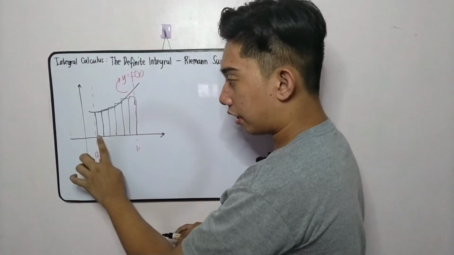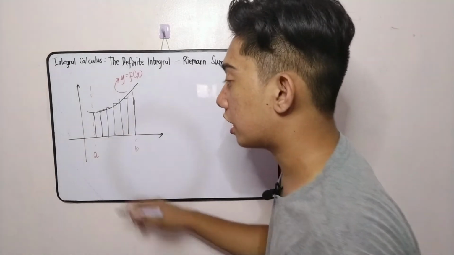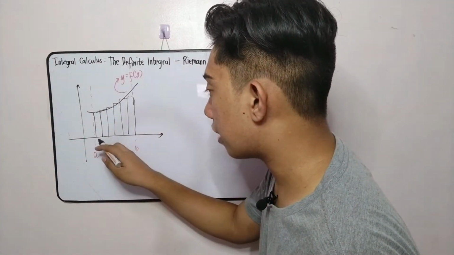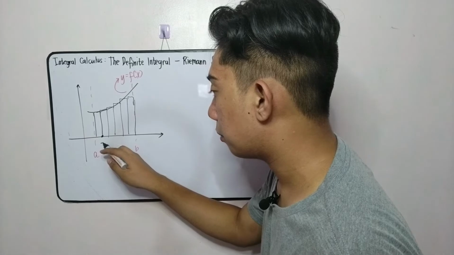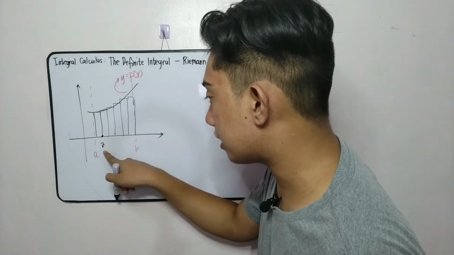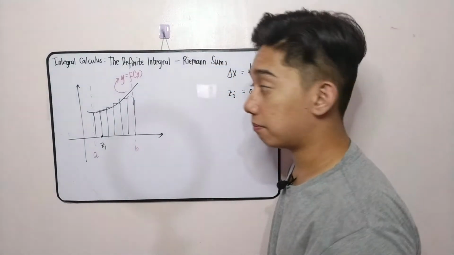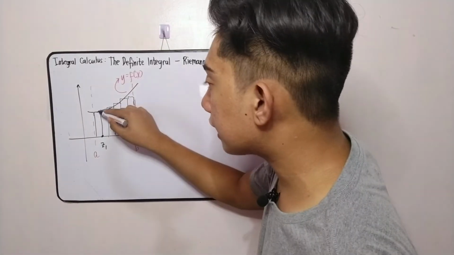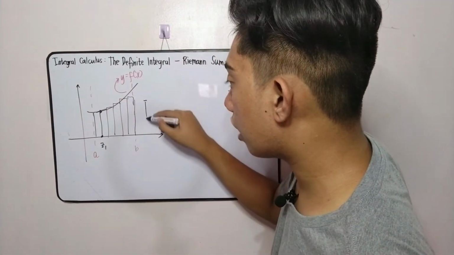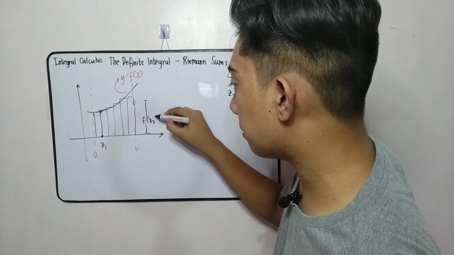So, how will we know that? Let's say we have already constructed a rectangular partition. Then, say we have a point here. We will label that as z sub i. Or in the first rectangle, let's say z sub 1. So, that is the value of x, z sub 1. And if we attach it here, from here to there, that is the value of f of z sub i.